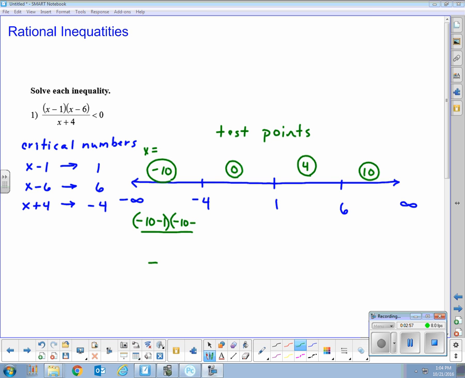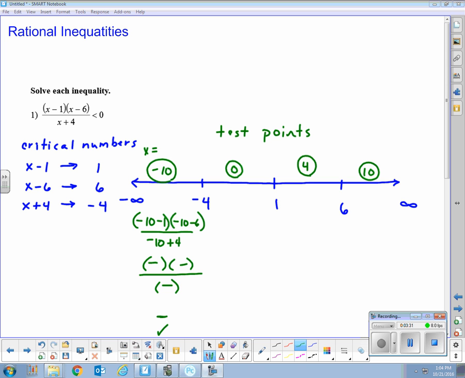Negative 10 minus 6 is negative. Negative 10 plus 4 is negative. If you multiply 2 negatives and divide by a negative, you have an odd number of negatives. The overall value in this interval will be negative. Therefore, at negative 10, this function is negative, and so is every point in that interval. That interval is a solution.